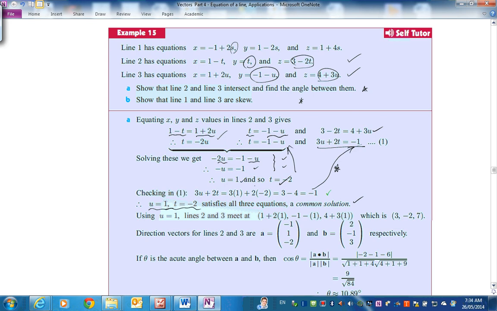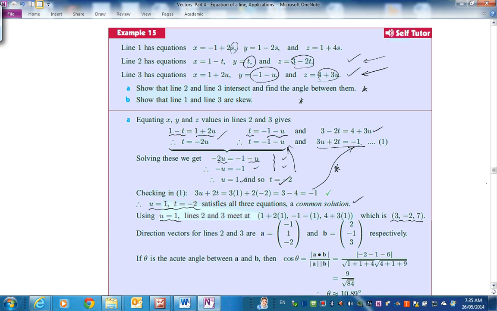So if u is 1, line 2 and 3, sub it into the equations and find the point. You can sub u is 1 back in there, and t is neg 2 in this one, and you should get the same point, shouldn't you?